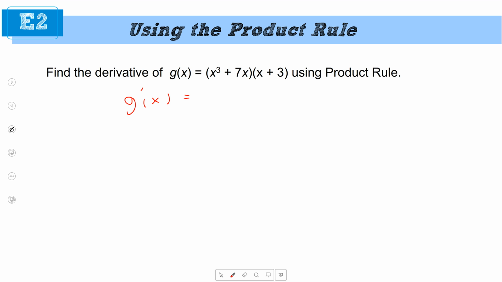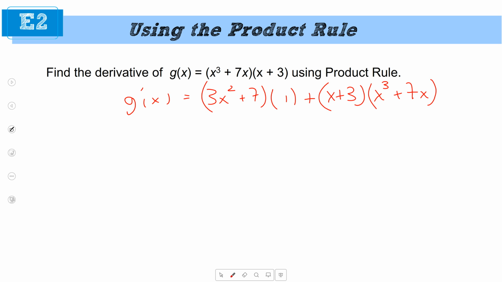Equals 3x squared plus 7 is what they did first. And then the next one is just 1, because the derivative of x plus 3 is 1. And then x plus 3, and then x cubed plus 7x. What goes here? Plus. Okay.